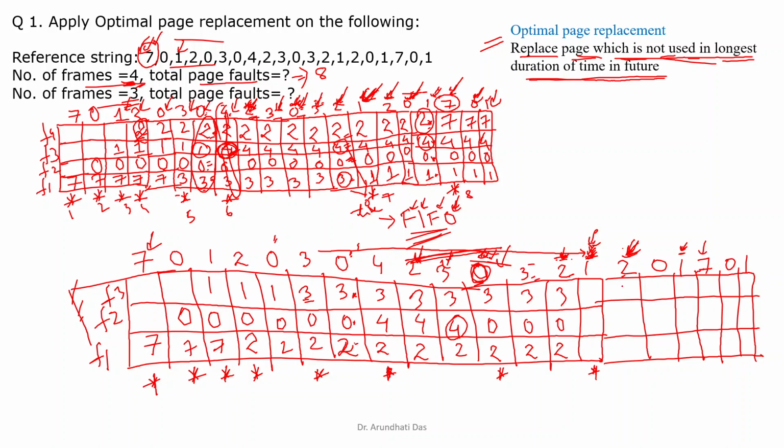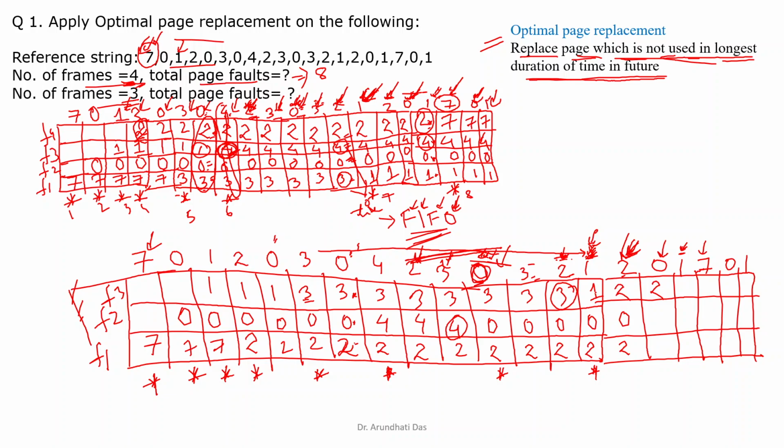Which one will I be replacing? 2 is requested in the near future, 0 is also requested. So here 3 is the one which is not requested in the longest future, right? So that's why I'll replace 3 with 1. 1 0 2. 2, whether it is there in the main memory, yes, there is no page fault.